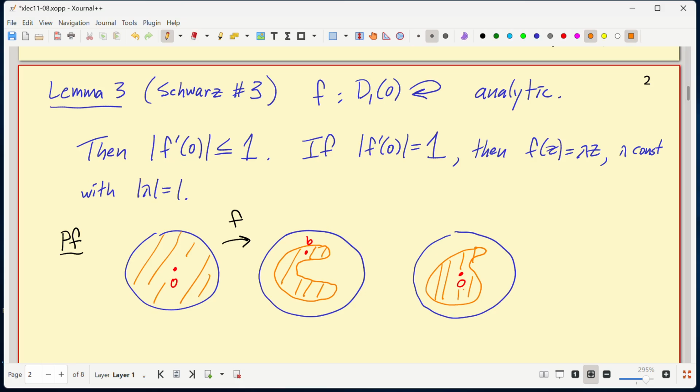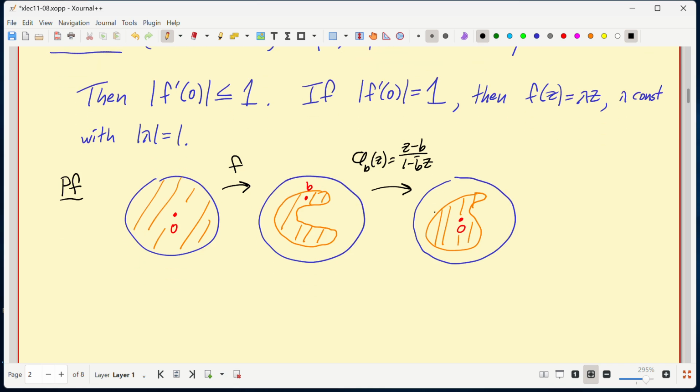And let's see, that's phi sub B, this map. Phi sub B of z is z minus B over 1 minus B bar z. We know that's a one-to-one onto map of the disk to itself, analytic. It's one of the automorphisms, it's a Möbius transformation. Okay, and so that satisfies the hypothesis of the Schwarz lemma.